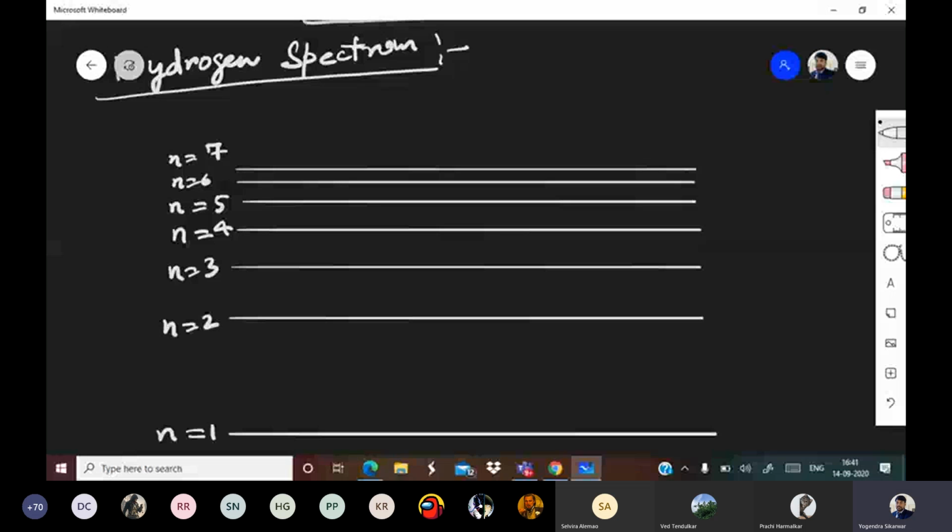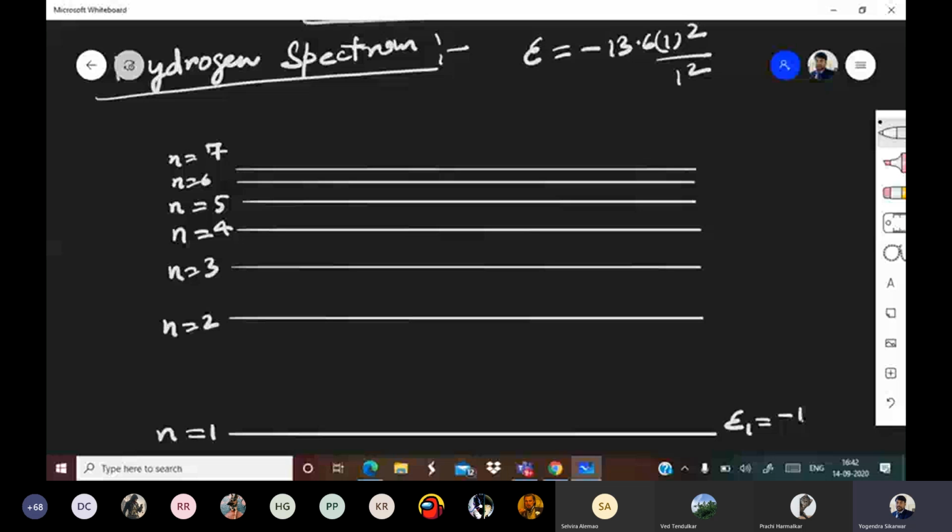You tell me, if n is equal to 1, then how much will be the energy of the electron in hydrogen? So that will be minus 13.6 into 1 square upon 1 square. E1 is equal to minus 13.6 eV.